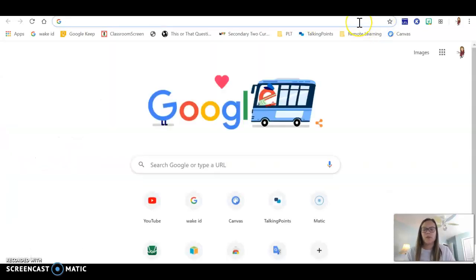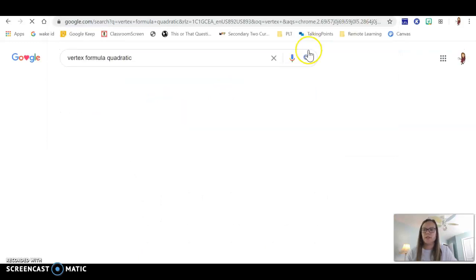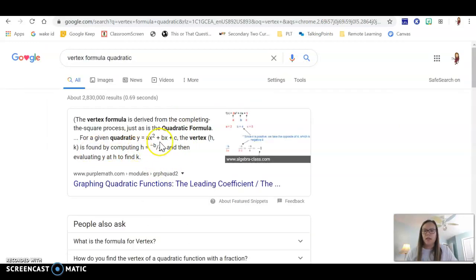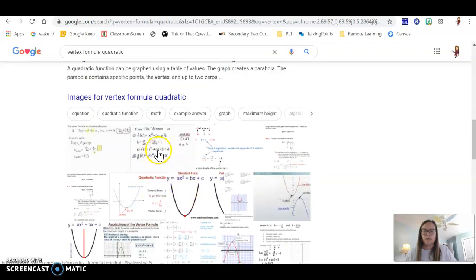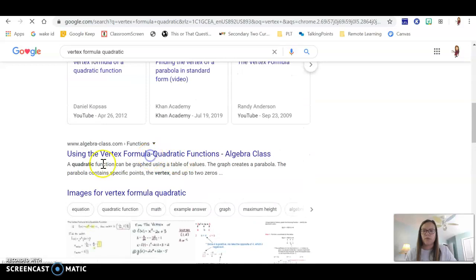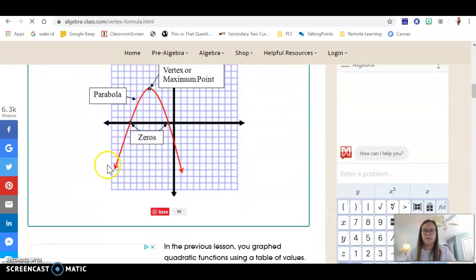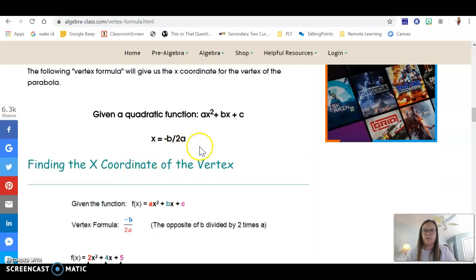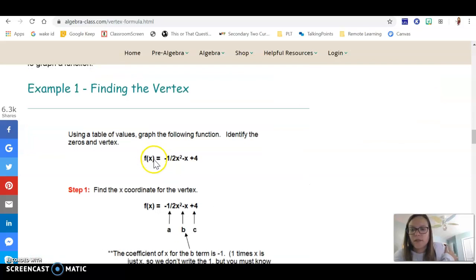The vertex form of a quadratic equation is... that's a vertex formula.